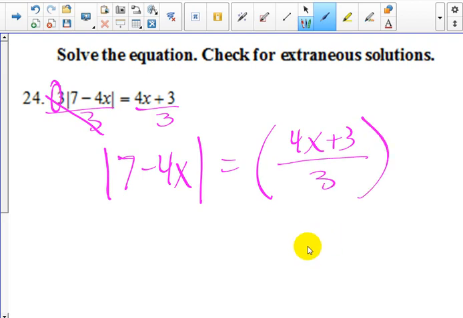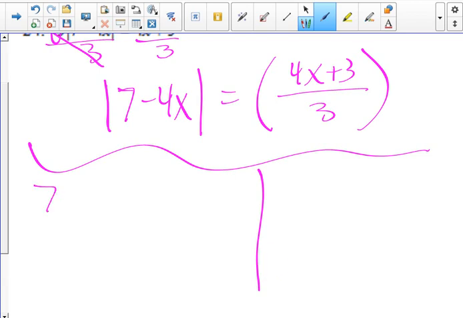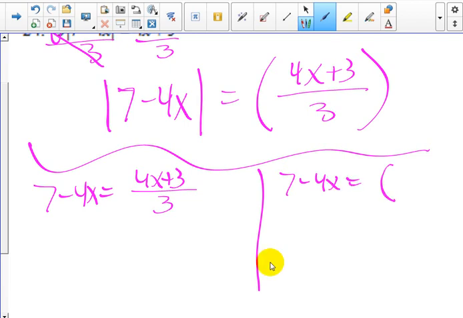Now to solve this as the positive and negative, we're going to go 7 minus 4x equals the positive (4x plus 3) over 3, and we're going to solve it as the negative: 7 minus 4x equals, in parentheses, negative (4x plus 3) over 3.